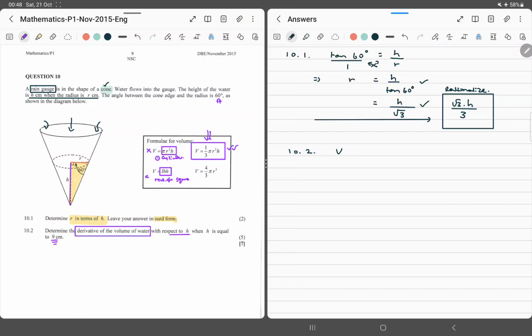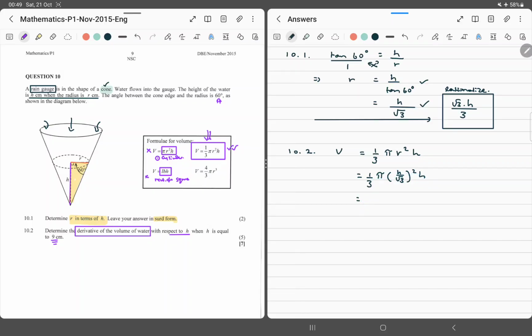So the volume here, in terms of h, the volume of a cone is going to be a third of pi and the square on the r times h. We substitute, so this is a third times pi. Now r in terms of h is basically h over the square root of 3, that is squared, times h. Okay, great.